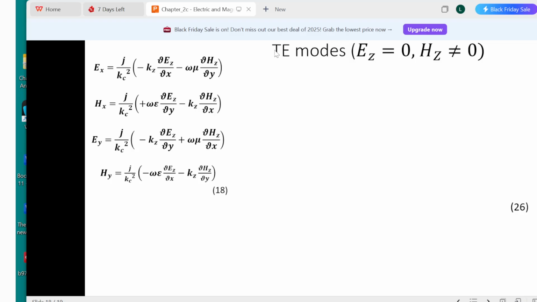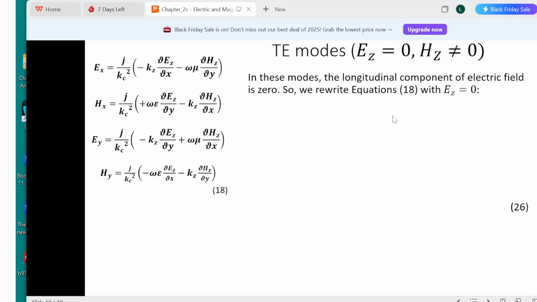You only have transverse electric field, and the only longitudinal component is H of z. We will have this, and what we can do is substitute E of z equal to 0 into all these equations and see what we can get.